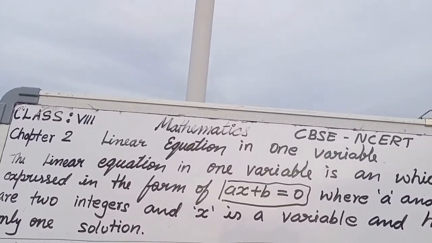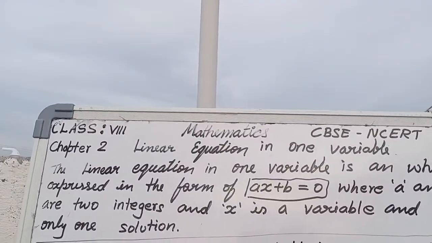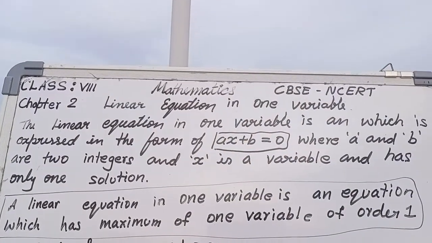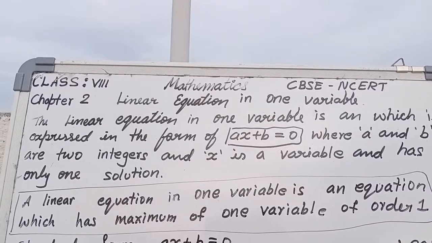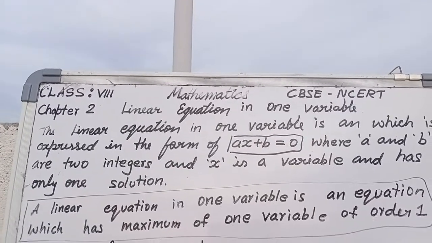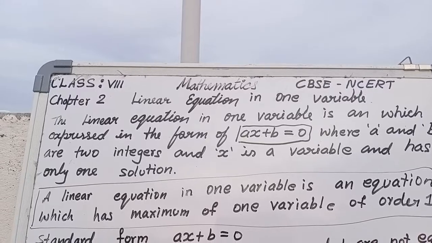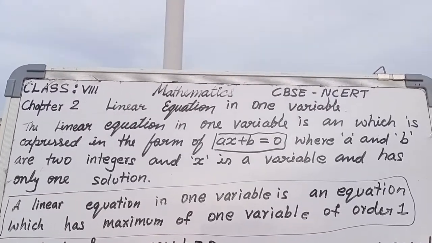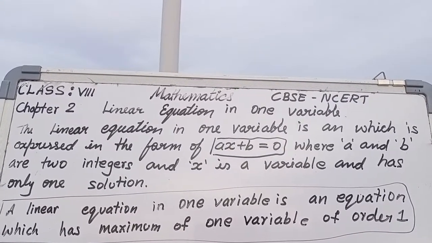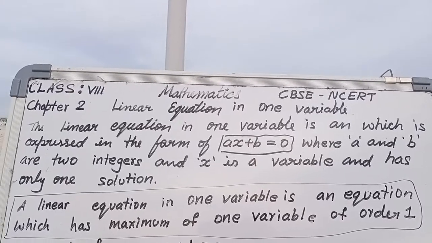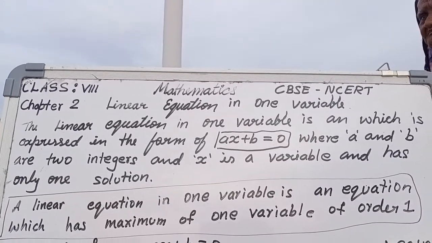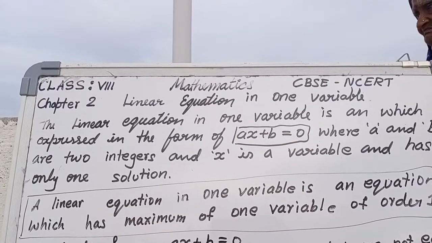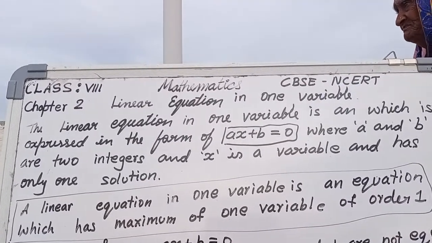So what is a linear equation? Let us define a linear equation in one variable. It is an equation which has a maximum of one variable of order 1. What do you mean by order?